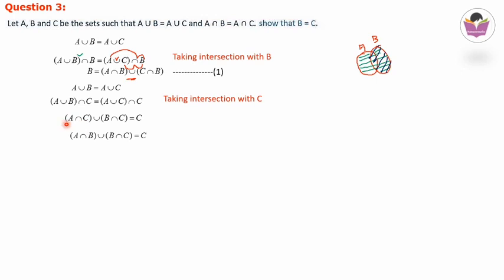So A intersection C we have replaced and substituted with A intersection B. The remaining things are the same. Union B intersection C is equal to C. That we can label as equation number 2.